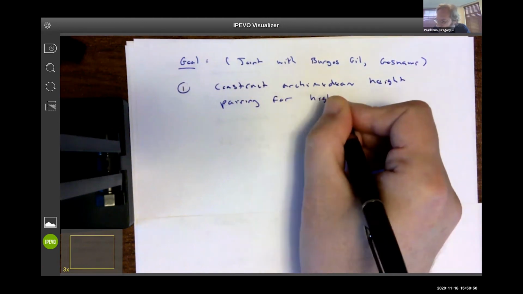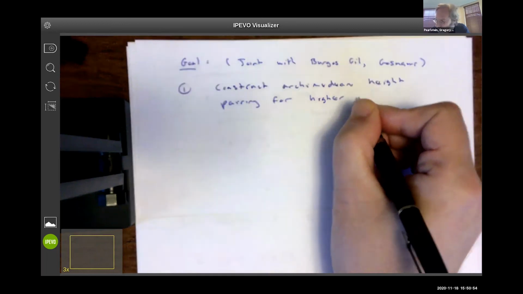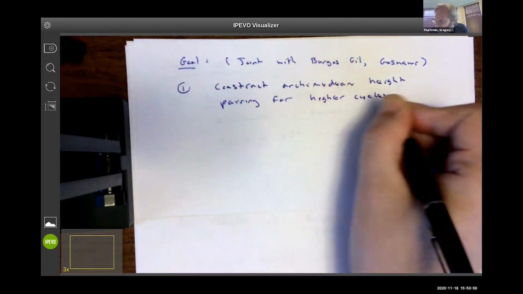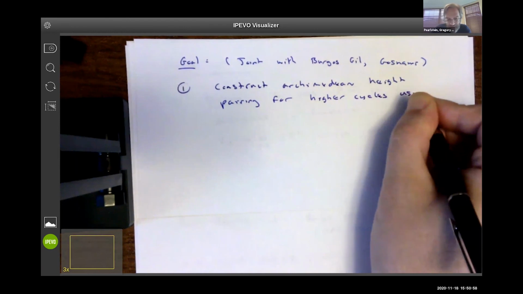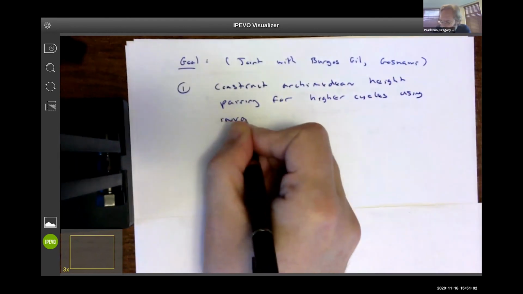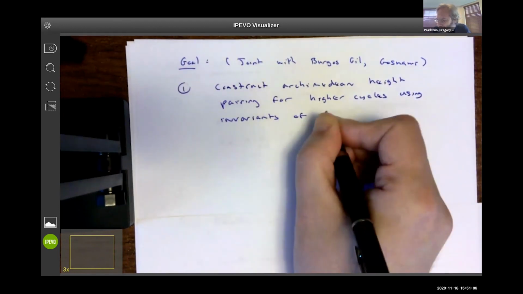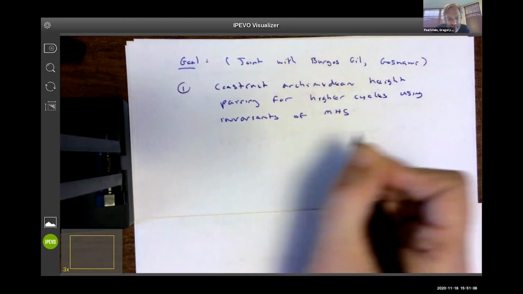So higher cycles here means in the sense of Bloch, Bloch's higher Chow groups, using invariants of mixed Hodge structures.